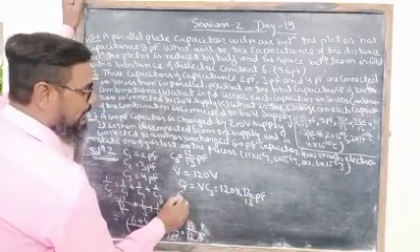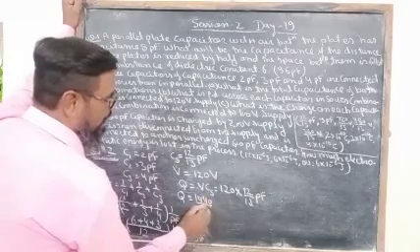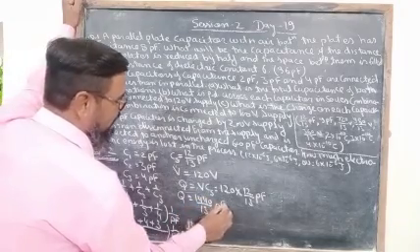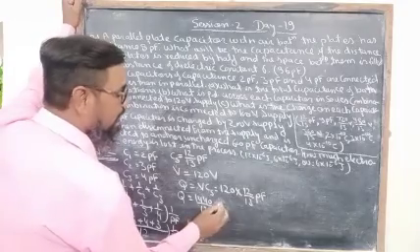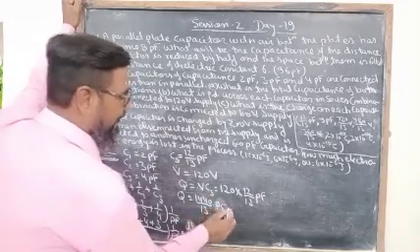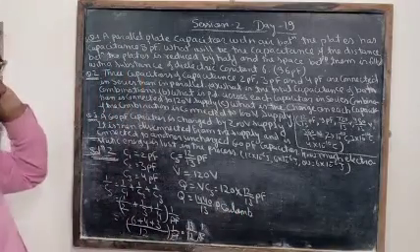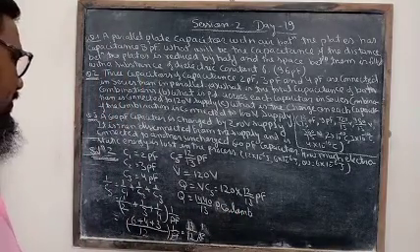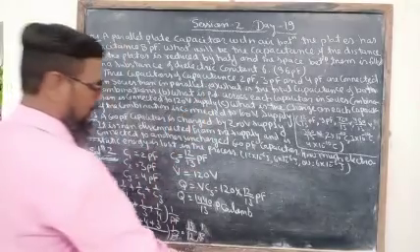So the total charge will be 1440 upon 13 picocoulomb. This is the total charge supplied by the cell to the series combination.